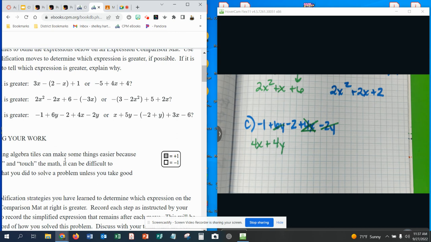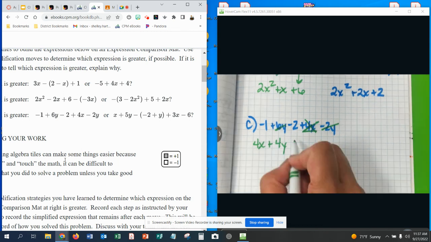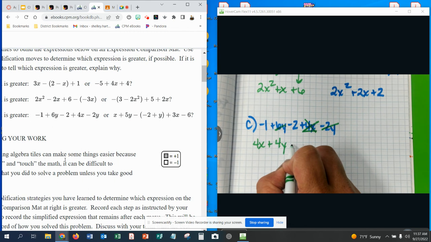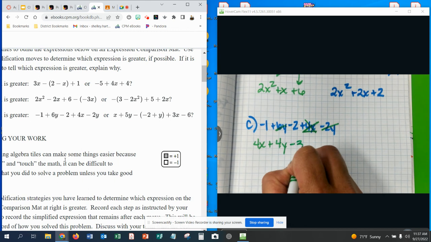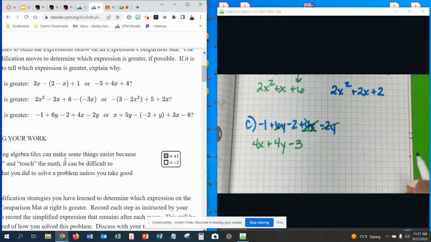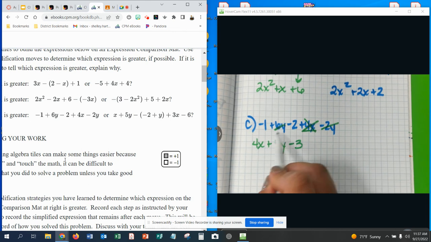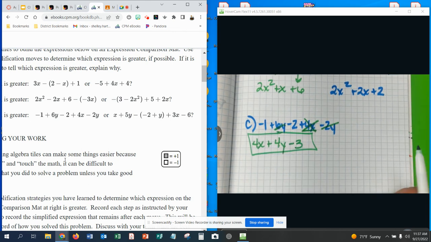Logan. Negative 2. Negative 2 plus 1. Perfect. And what do I get? Perfect. Good. All right. So this is what the first one looks like.